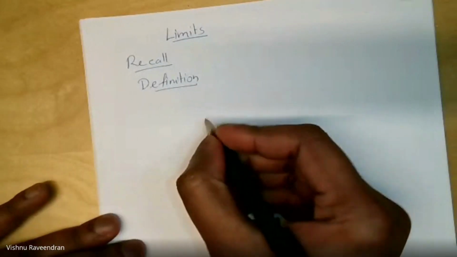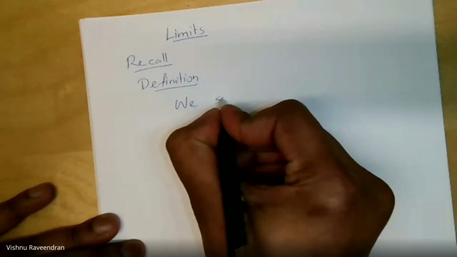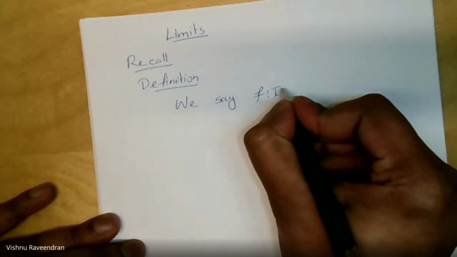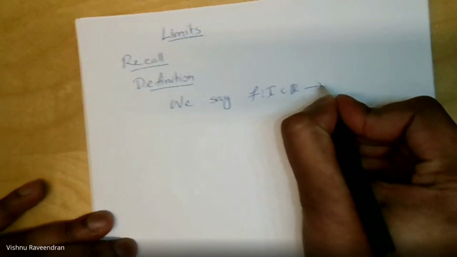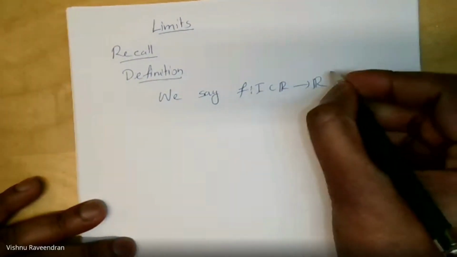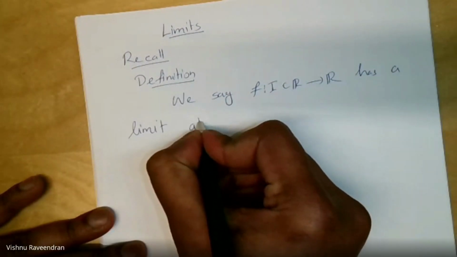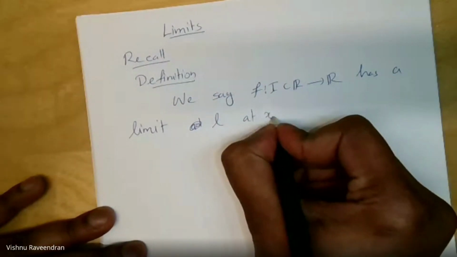So the definition is that we say a function f defined from an open set to R has a limit L at x naught.